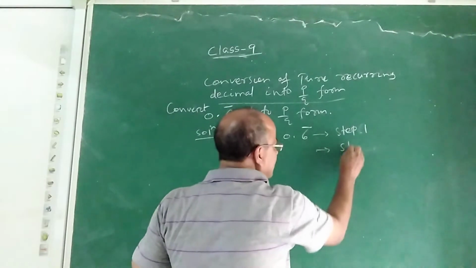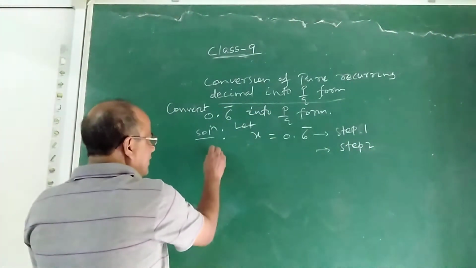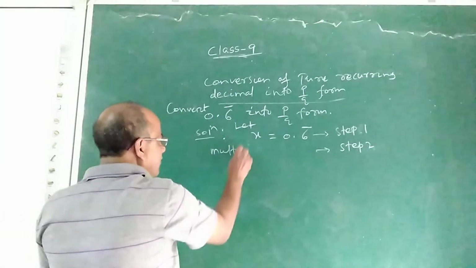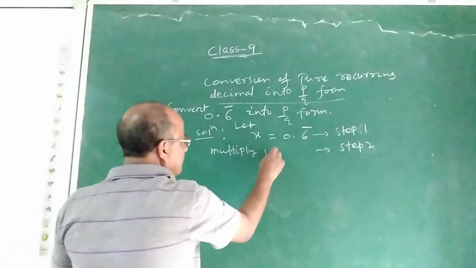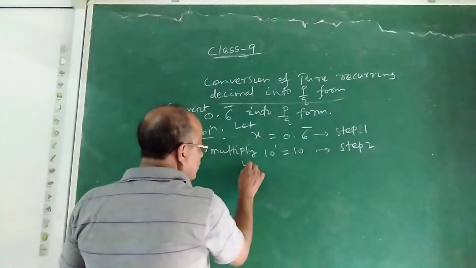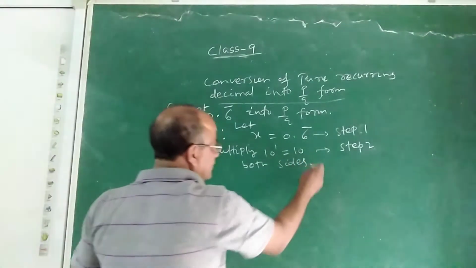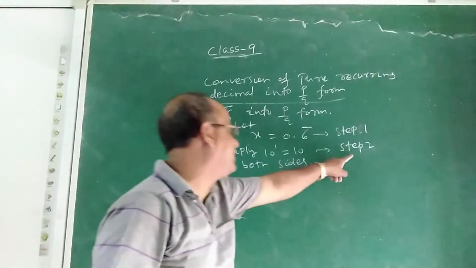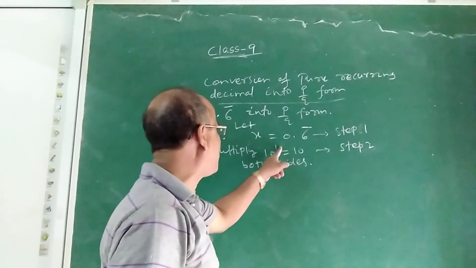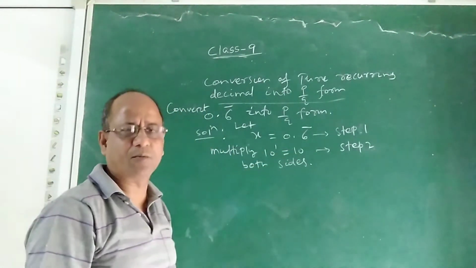What will be the second step? The second step is you multiply 10 to the power 1, which is 10, on both sides. You can ask me, sir, why 10 to the power 1?